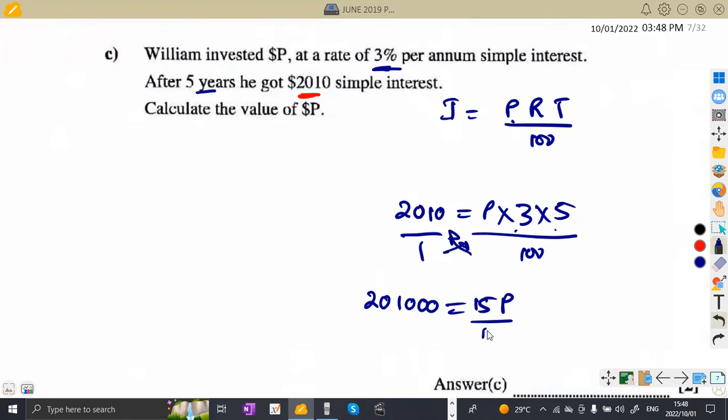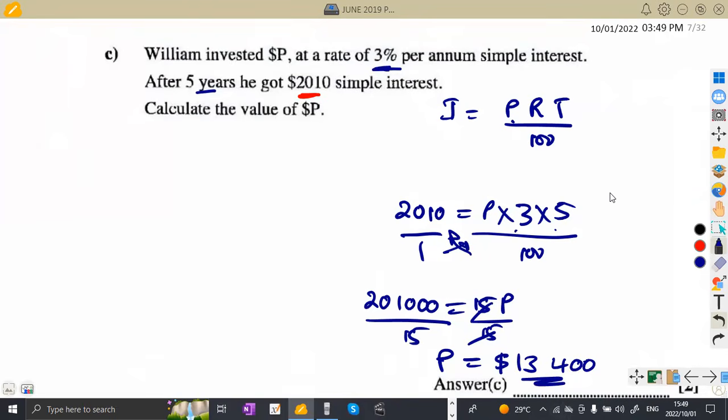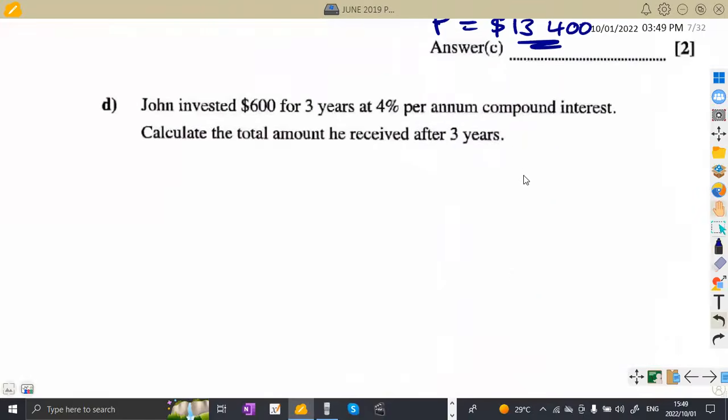So to find P, you can just divide by 15 on this side. So that is going to be the principal. If we divide properly, we are going to obtain something like $13,400. That's our principal amount, the money that was invested.